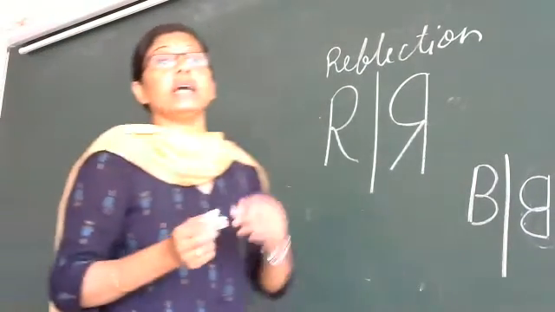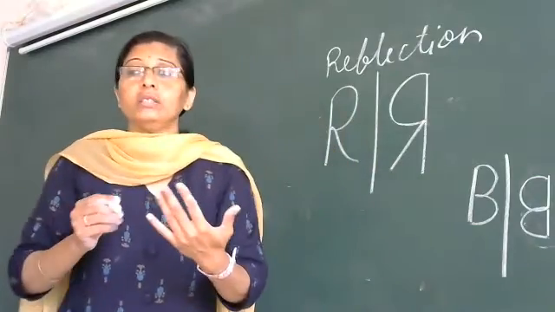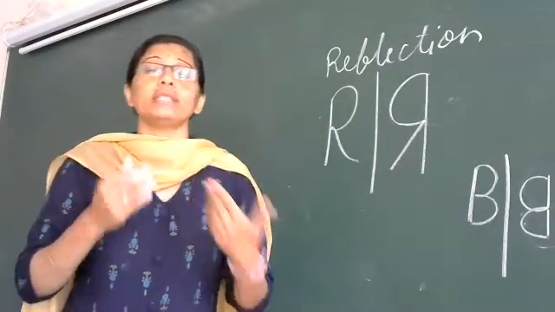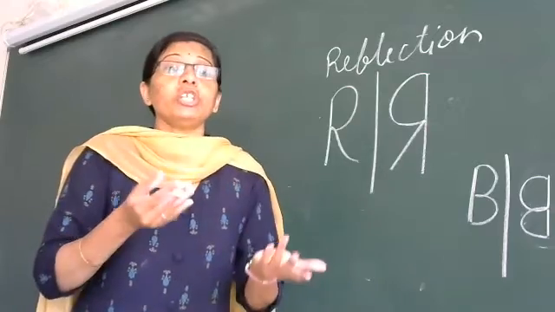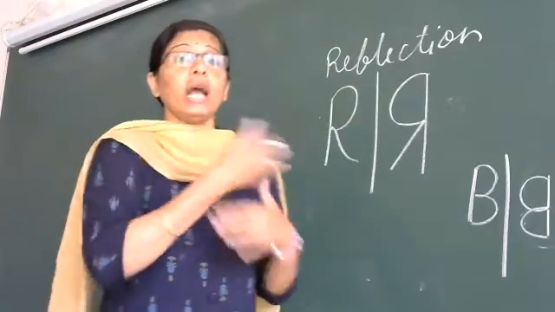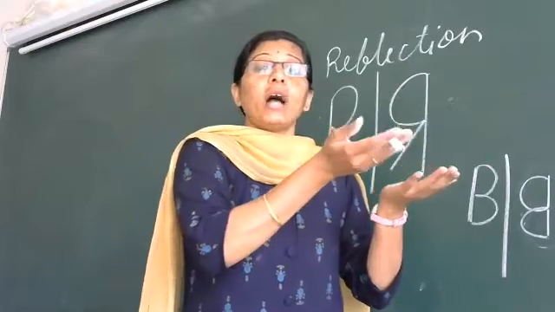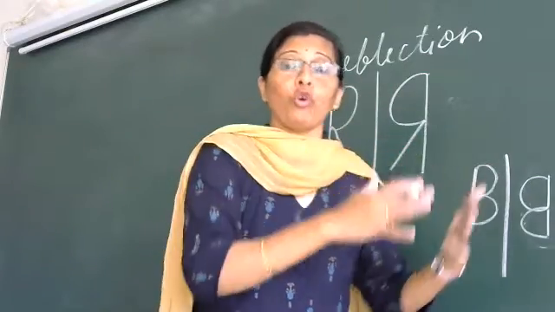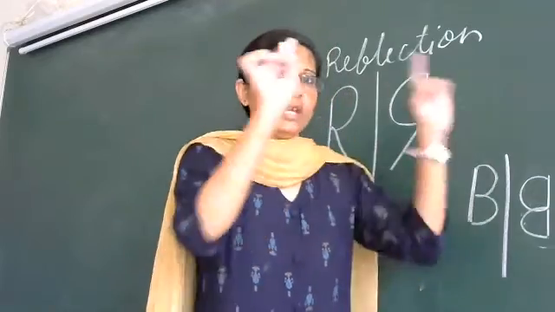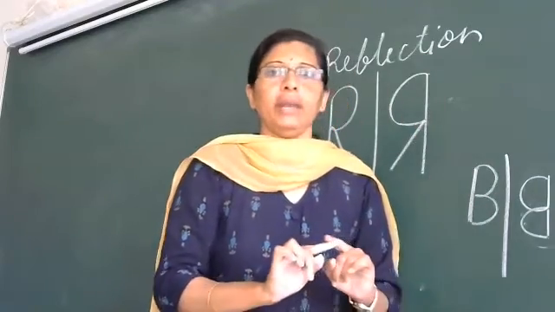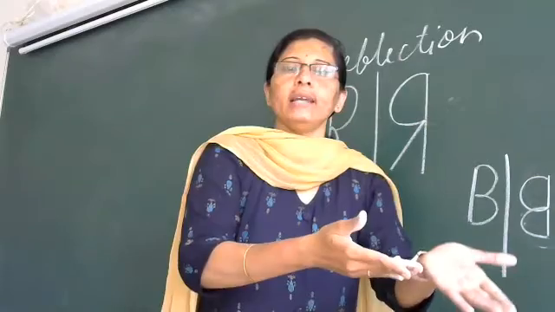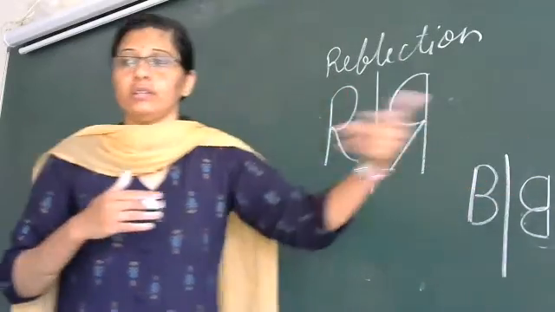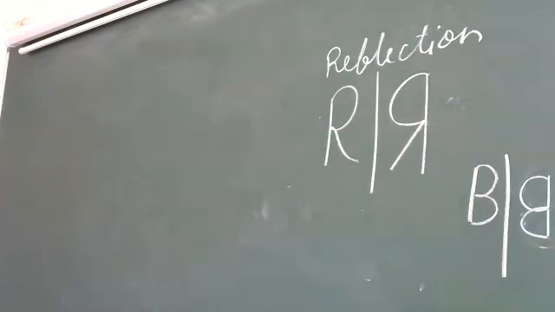A reflection is the image of any object or shape, corresponding to its appearance. We are not going and standing there. It is our image, like our photocopy. Like in a photograph you get our image. So whatever we see in the mirror is known as our reflection. Okay?